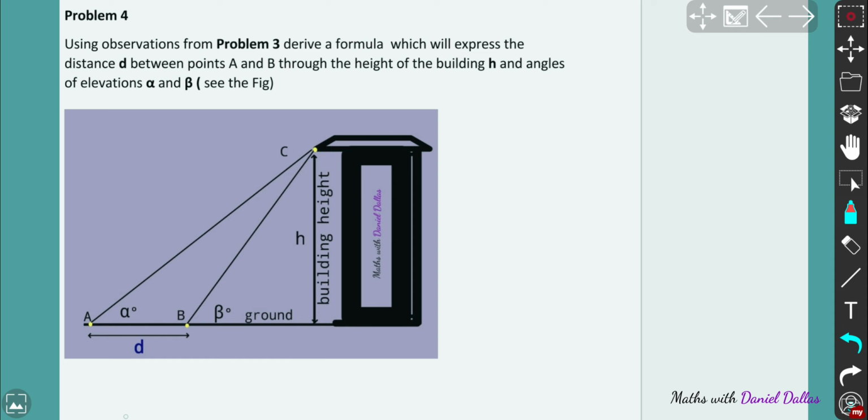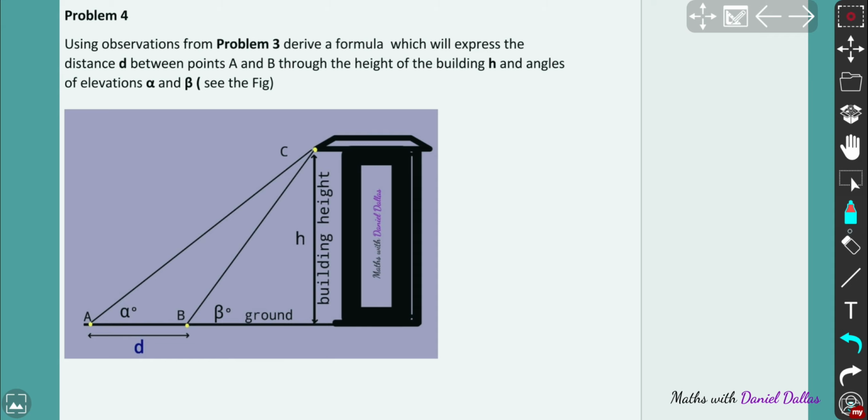Okay, so how to work it out? So guys, I think we can use the big triangle, so hopefully in this case we need just to connect D and H, and that's it.